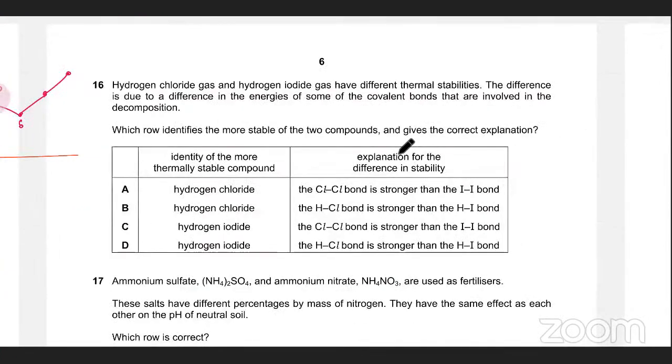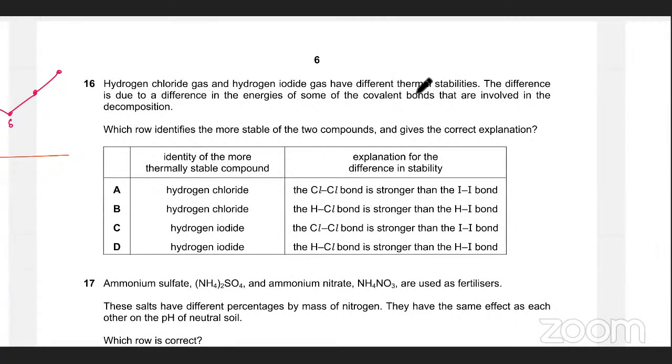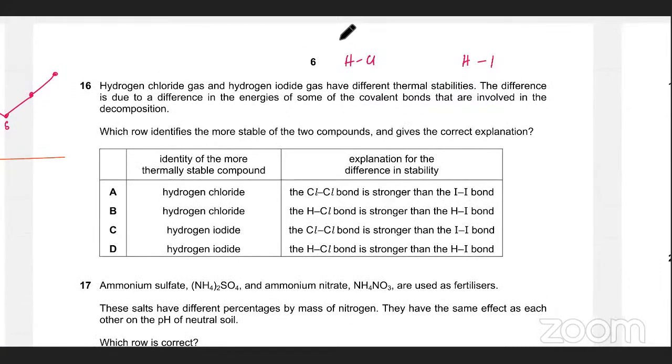Next one: hydrogen chloride gas and hydrogen iodide gas have different thermal stabilities. Can you quickly tell me which one has the stronger bond? Zahib, any ideas? HCl or HI? Yes, HCl.